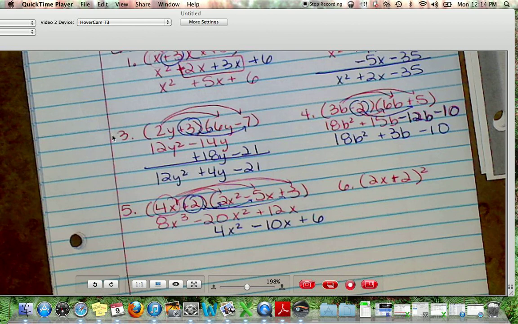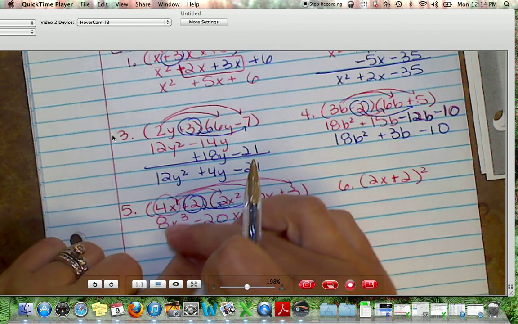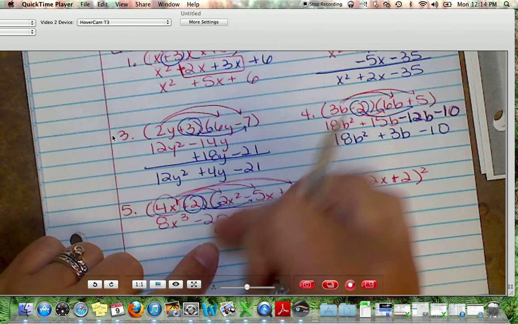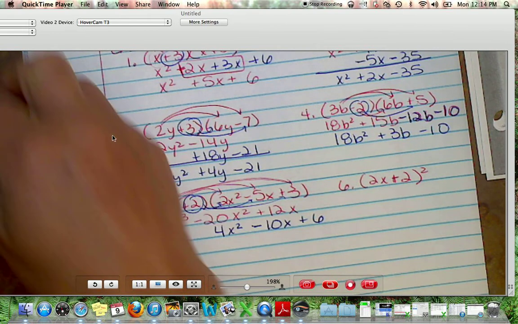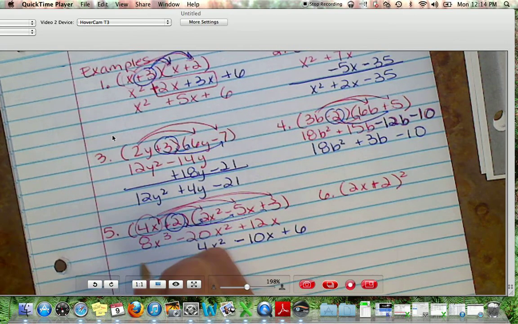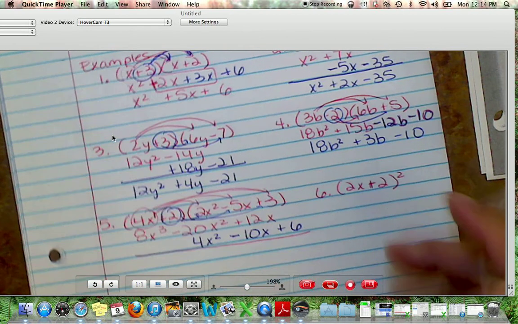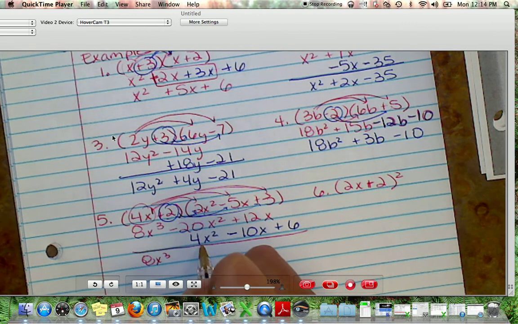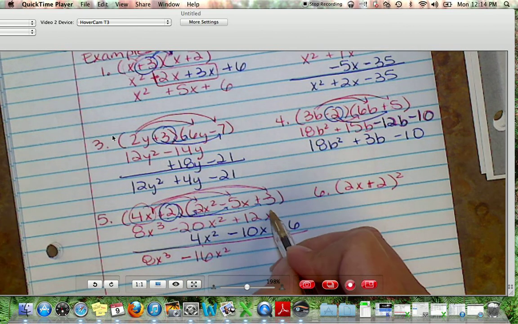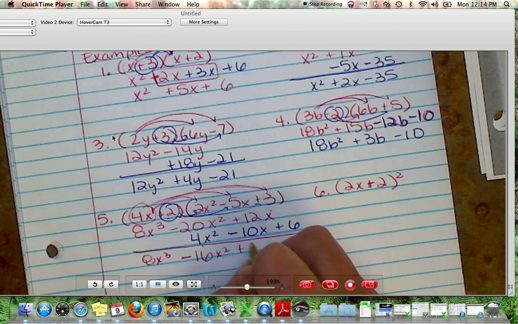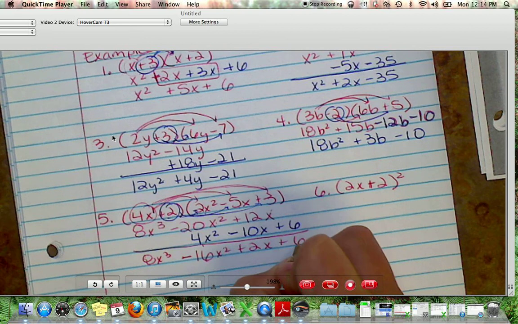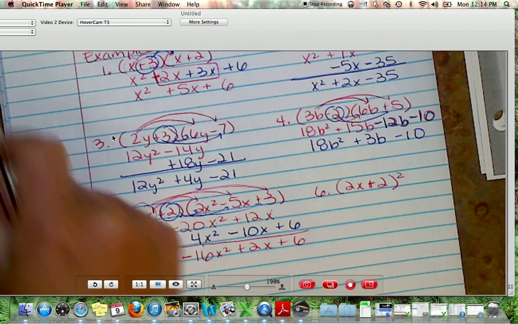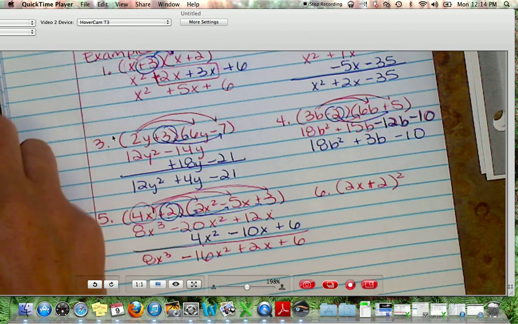So usually if you're stacking, it's going to look like a stair step like this. It's going to go 1 over each time. And then we can combine like terms, and it didn't take up my whole page. So we get 8x cubed, negative 20x squared plus 4x is going to be negative 16x squared. 12x minus 10x is 2x plus 6. I love double distributing. It's so much fun.